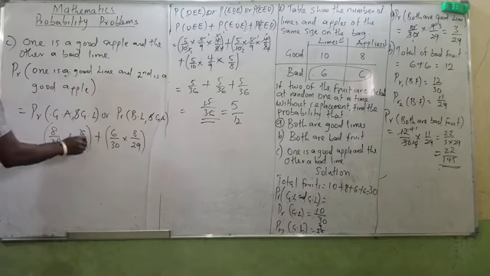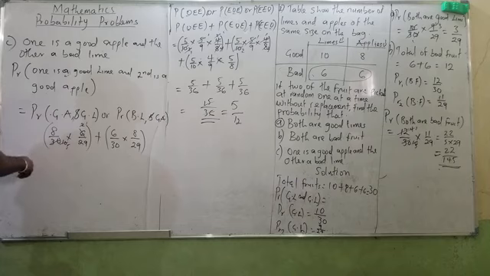I can say that 3 into 2, 3 into 10, and 2 into 1, 2 into 5, which I will be having 16, 2 into 5.